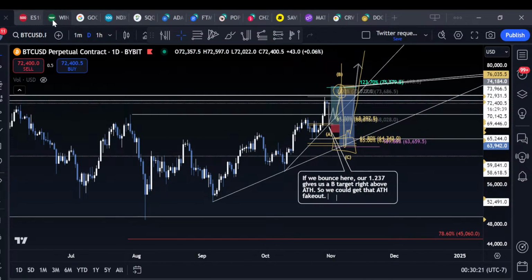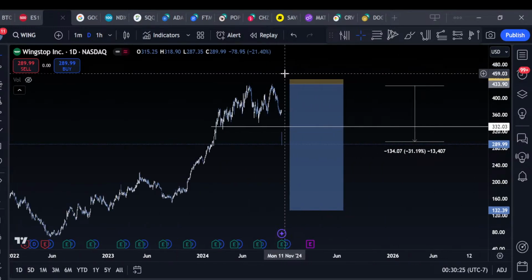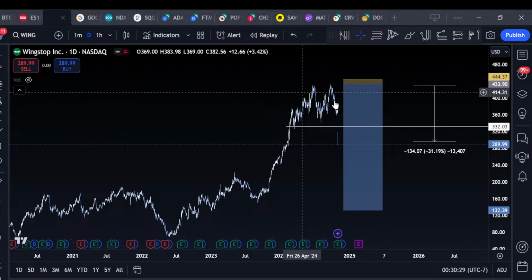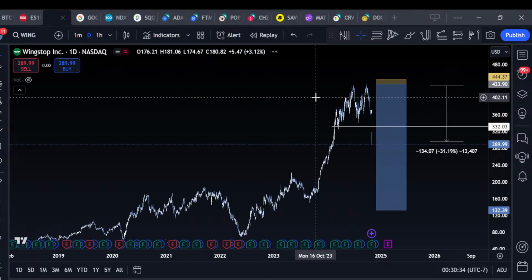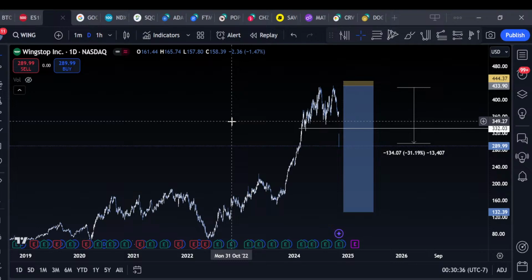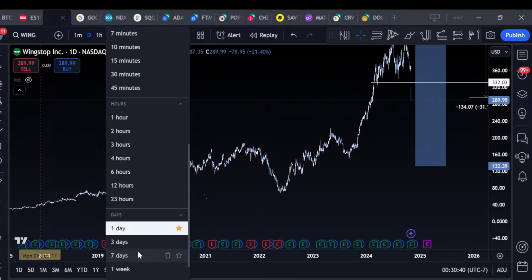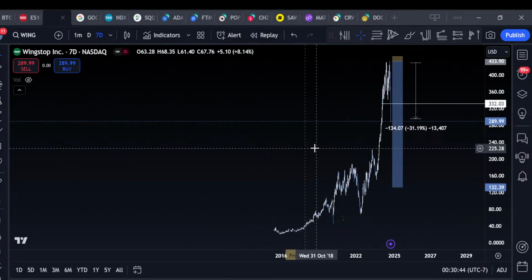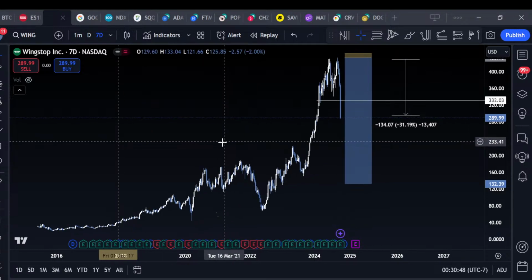Talking about winning some, I just want to mention this. This is Wingstop, and I did a post about shorting this at the pico top here. And it's funny, I came across a thread on Wingstop, and it's just been in this massive, crazy uptrend, right? It's trading at a crazy valuation. It's like a meme stock, right?